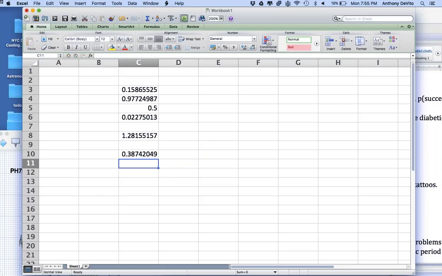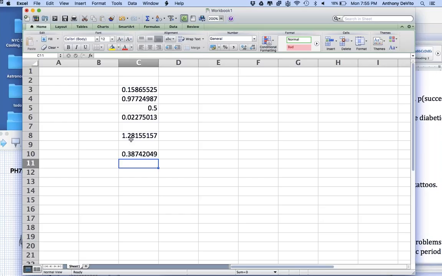I'll hit enter. It comes out to be 38.7%. That's the probability that you would get exactly one person who is diabetic out of 10.